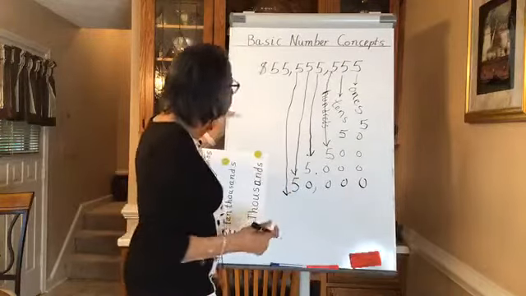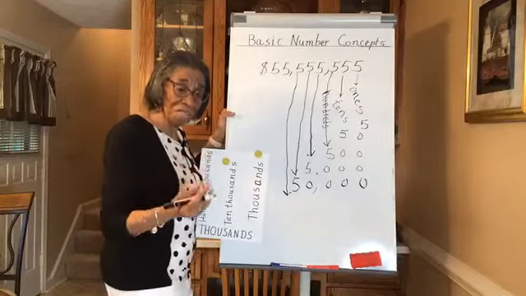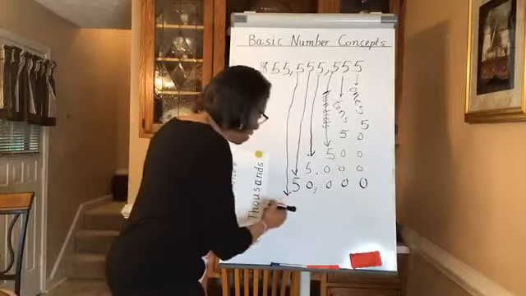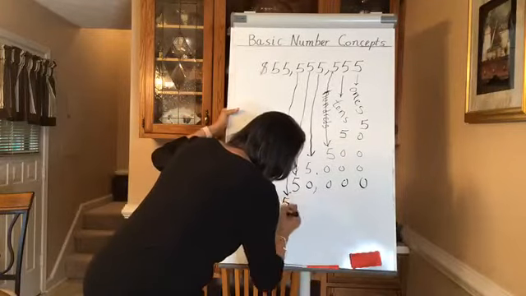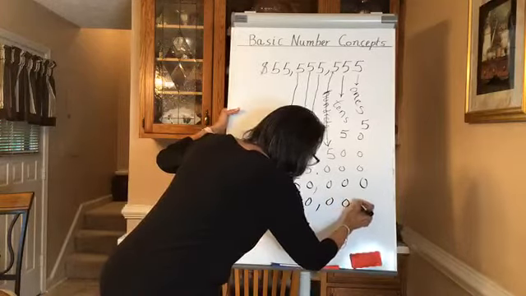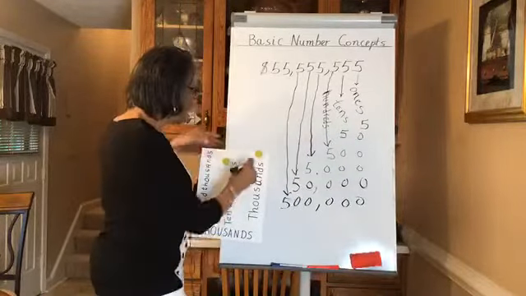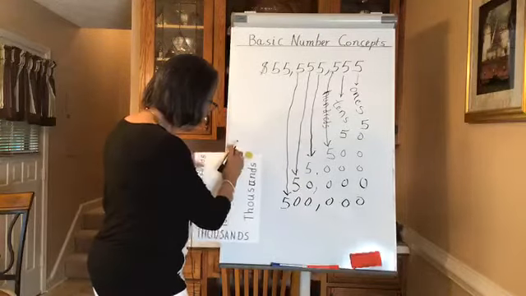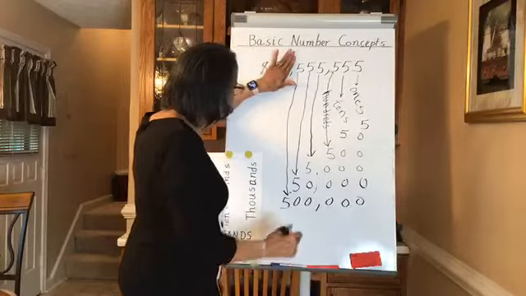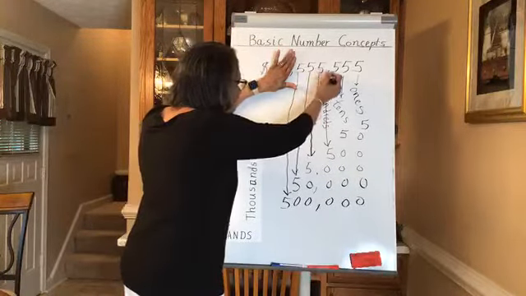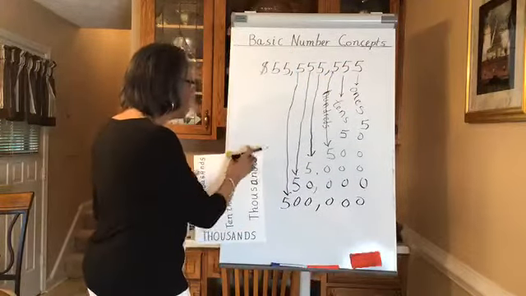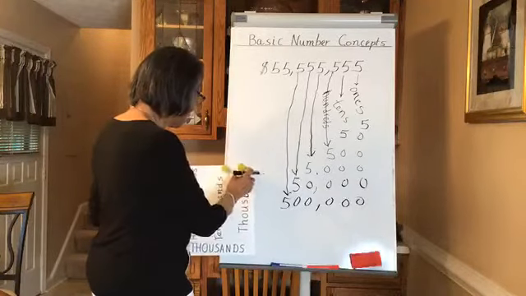So it's 100,000, 200,000, 300,000, 400,000, 500,000. All right, so now, how would we say this so far, looking at that much of the number? 555,555.